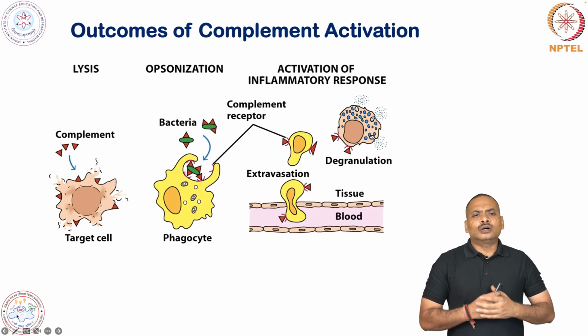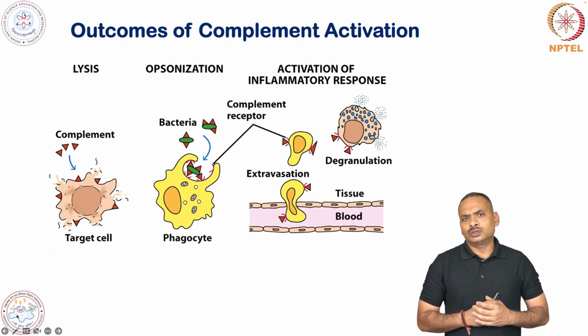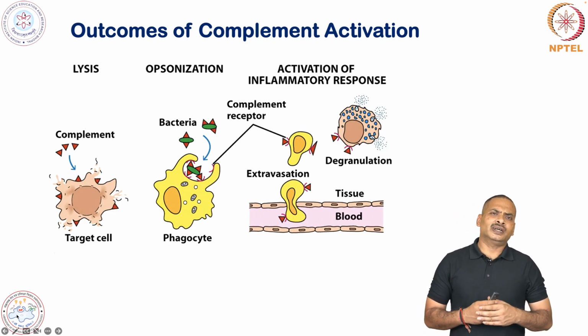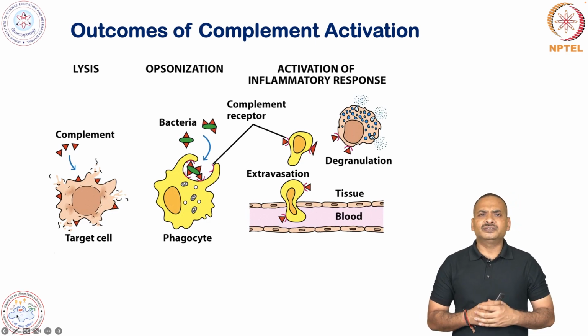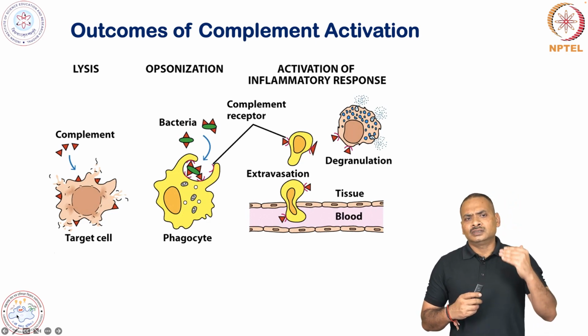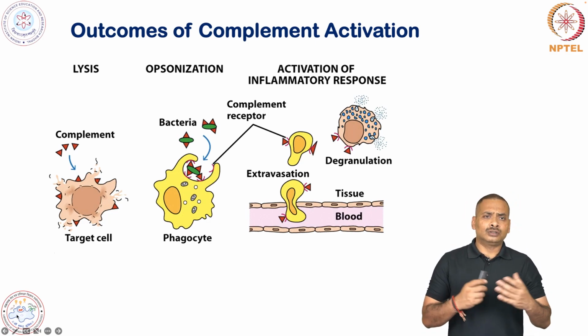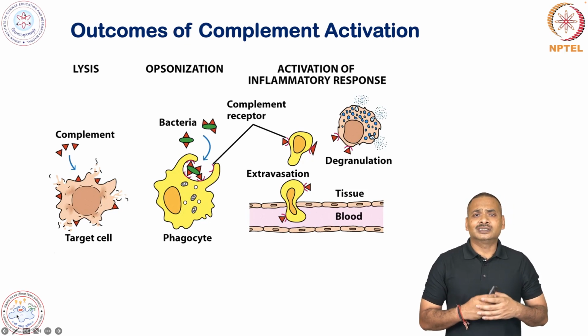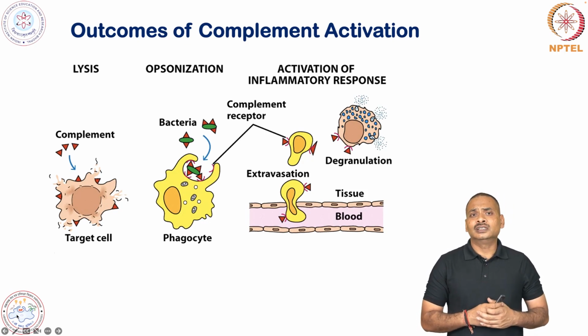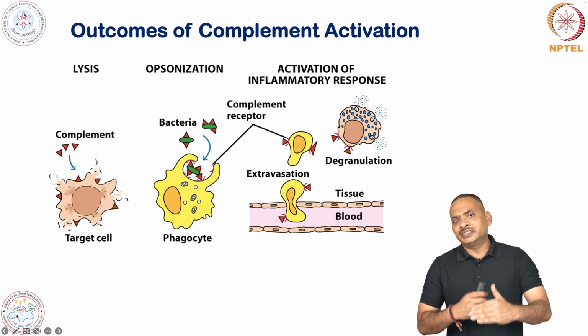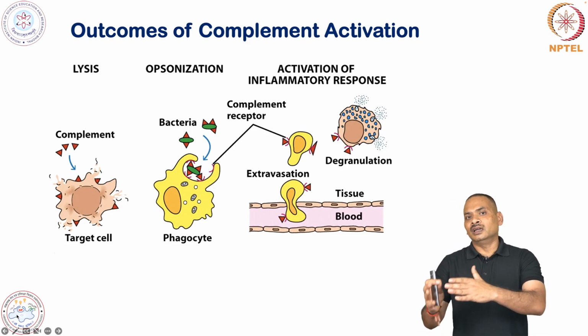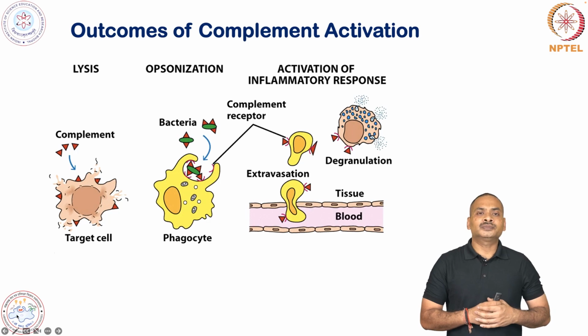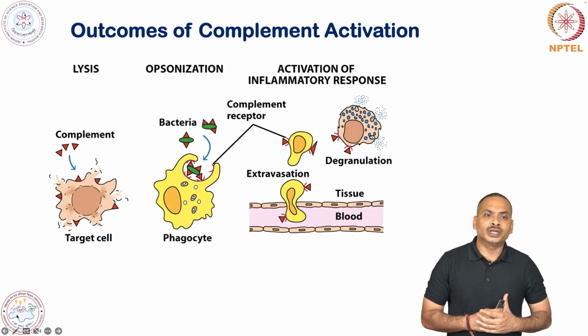The outcomes of complement are three major outcomes. I think I told you several times in previous sessions, one outcome is the lysis of the target cell. So when complement gets activated, it will lyse the target cell. Another is opsonization.